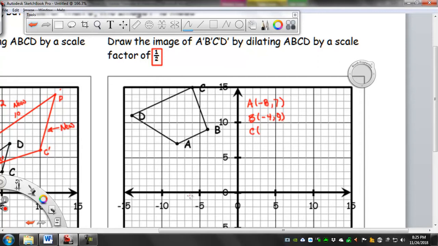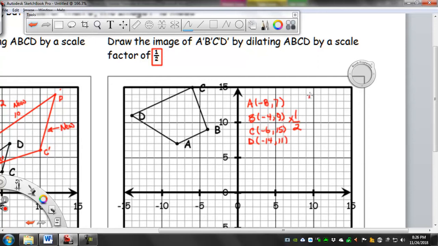C is -6 and 15. And then D is -14 and 11. And then we're going to be multiplying these all by 1/2, which is the same as division by 2.